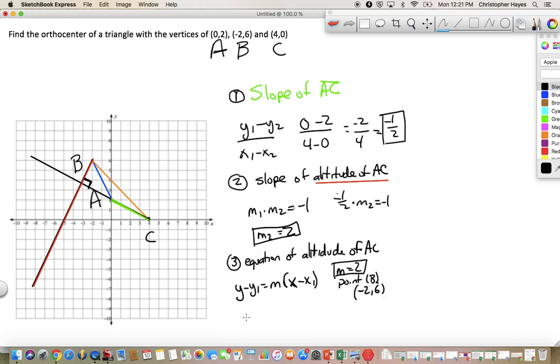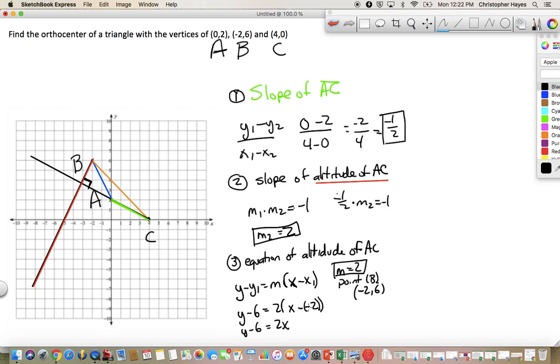Okay, so now I can plug it in. I know y minus 6 equals 2 times x minus a negative 2. If I do this all out, distribute, I'm going to get y minus 6 equals 2 times, 2x.